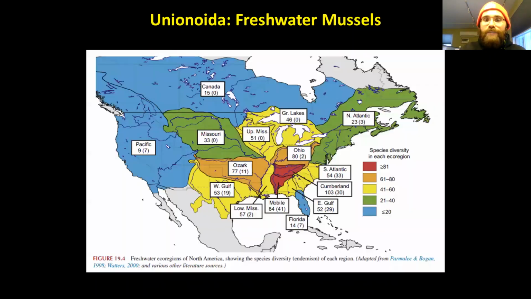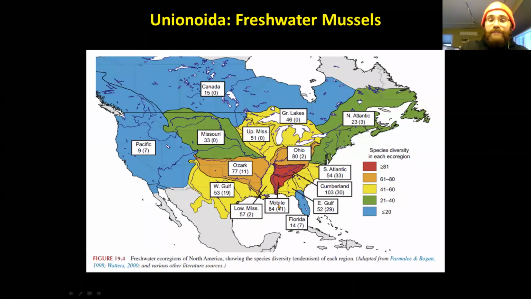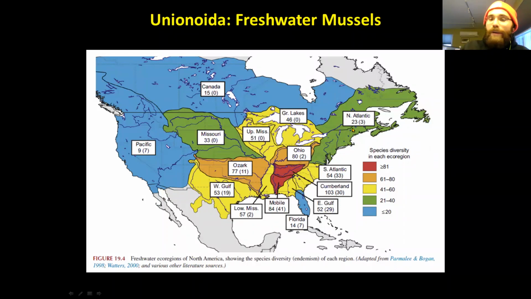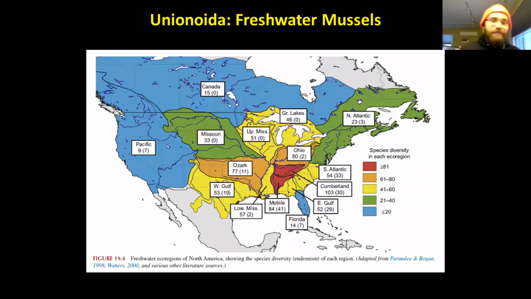Now, freshwater mussels have a lot of diversity, especially down towards the south, and they've spread quite a bit throughout North America. So the question is, how does a freshwater mussel move to different streams? Remember, we saw how slow they were.